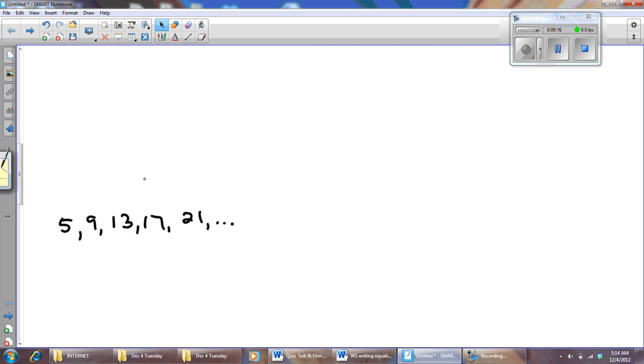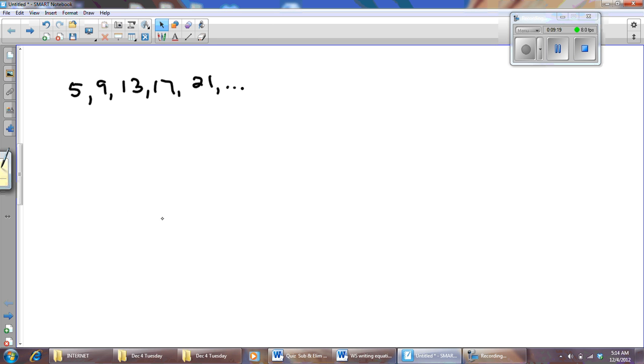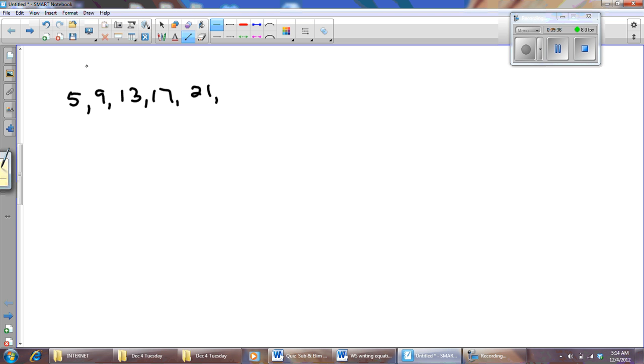All right, let's do this one here. And again, I'll get rid of this dot, dot, dot because it's in my way for the table. So I'm going to make my table.